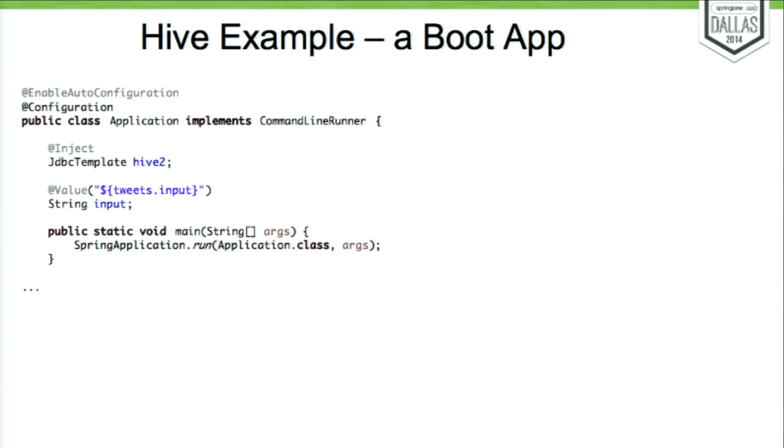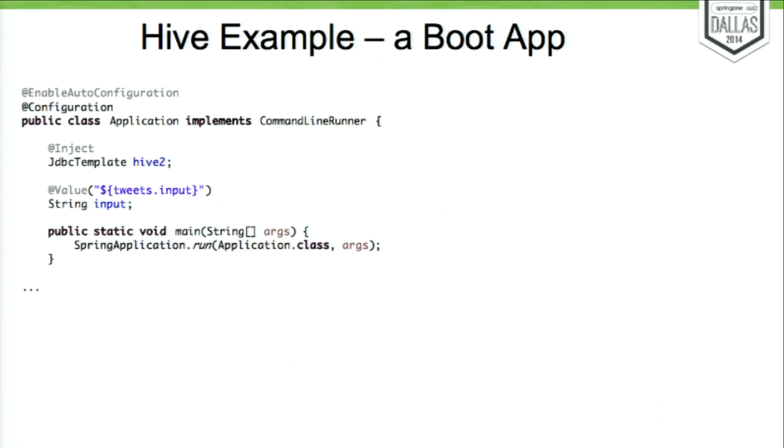So in Boot, the app looks pretty much the same. I can specify a placeholder for where the tweets come from. And I'm using HiveServer2, so I use a JDBC template to access Hive. HiveServer2 now is all JDBC, so it's pretty much like any other database.